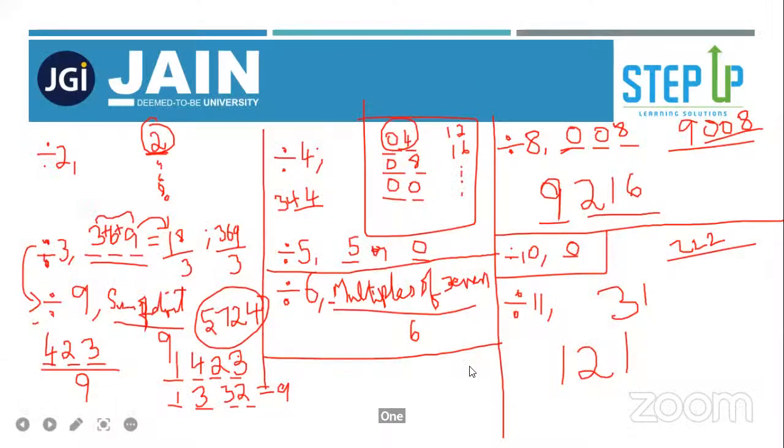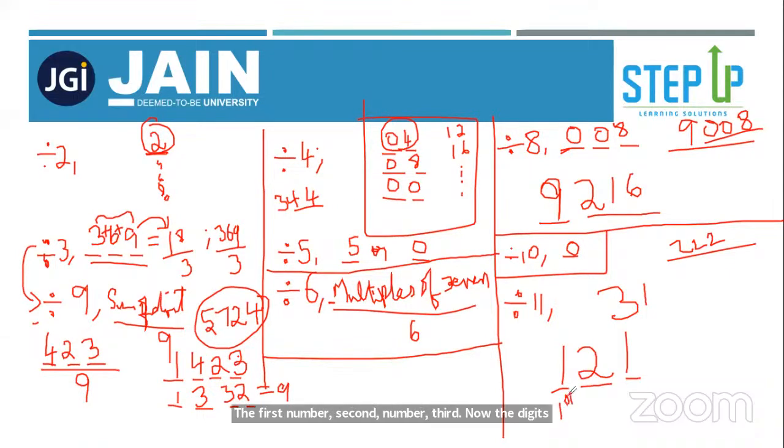The first digit, second digit, and third digit. Let's say we are taking the first digit and the third digit alone. Are you clear with that?